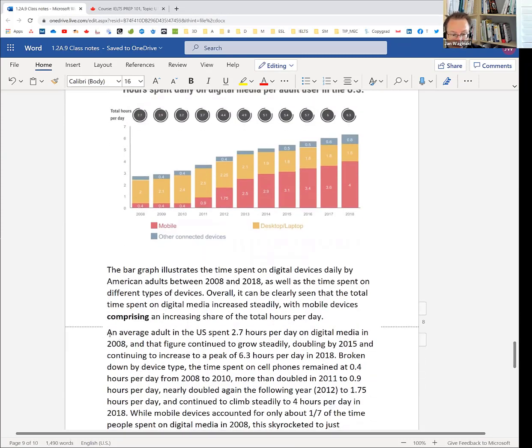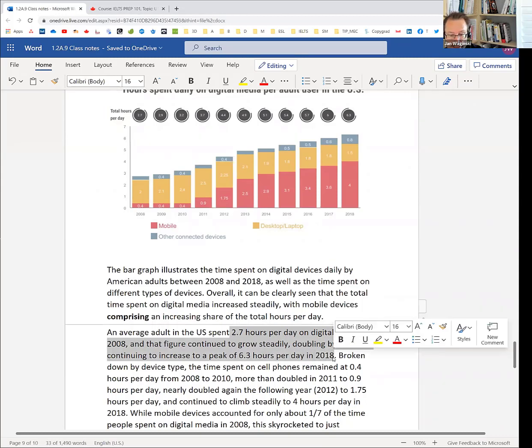An average adult in the US spent 2.7 hours per day on digital media in 2008, and that figure continued to grow steadily, doubling by 2015, and continuing to increase to a peak of 6.3 hours per day in 2018.